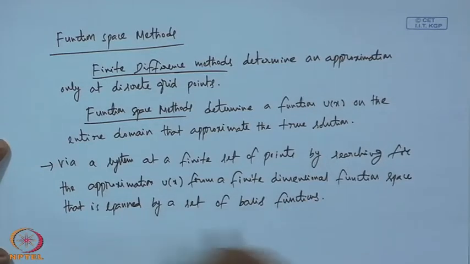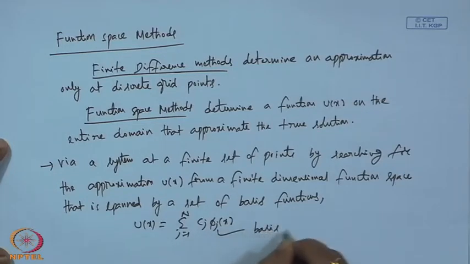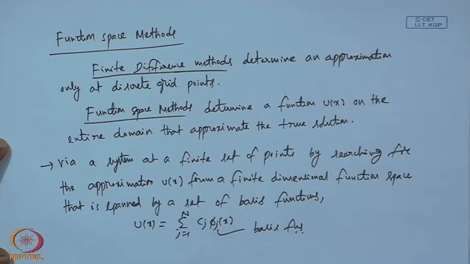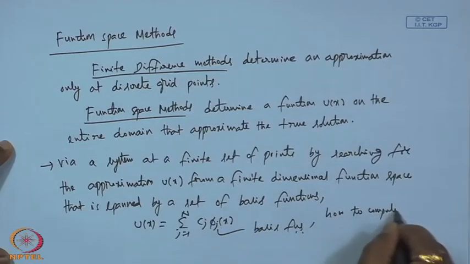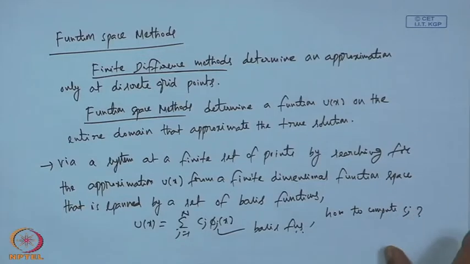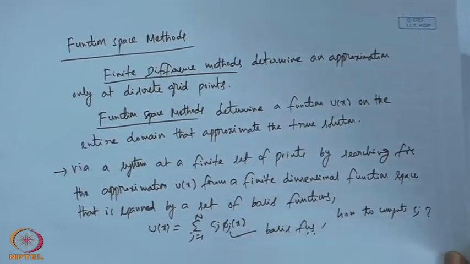That means these basis functions are such that it is approximated like this, and these are the basis functions. However, the task is how to compute c j. So, this is the general task.